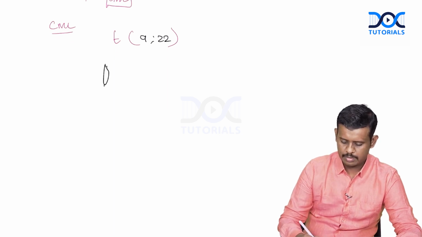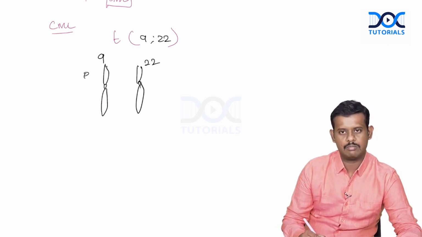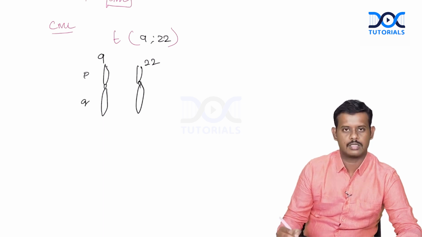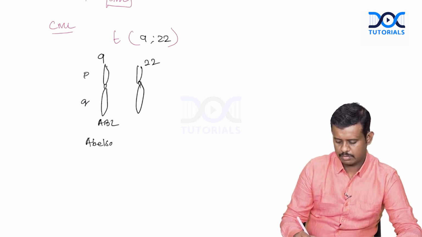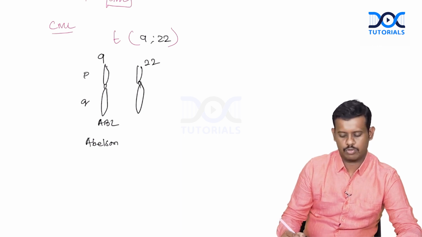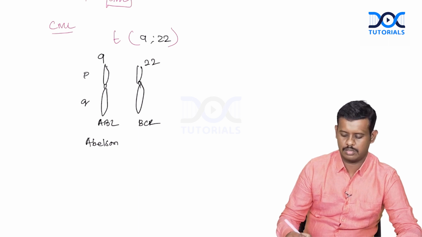We will take that this is chromosome 9 and this is chromosome 22. Each has a P arm, that is the short arm, and the Q arm, that is the long arm. The 9th chromosome has the ABL gene, otherwise called Abelson. The 22nd chromosome has BCR, that is the breakpoint cluster region.